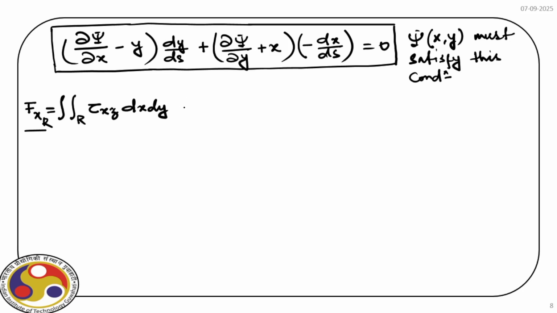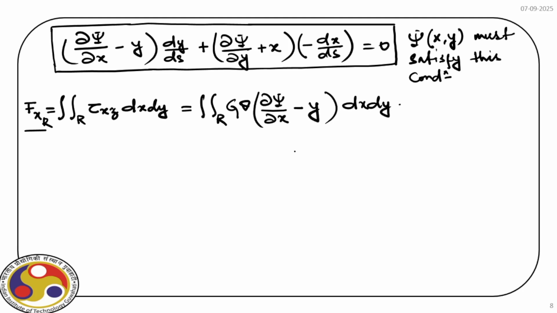Now in place of tau xz, we can write its expression. So we have G theta, right? So we just put the expression of tau xz and then we get this expression, right?